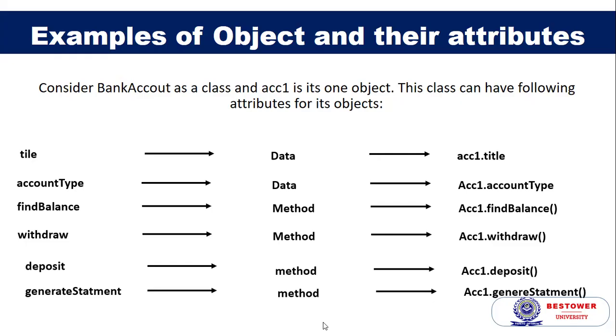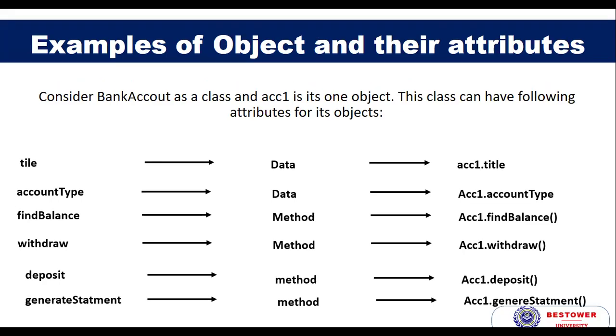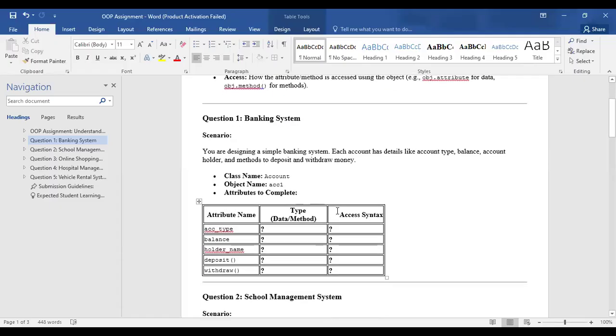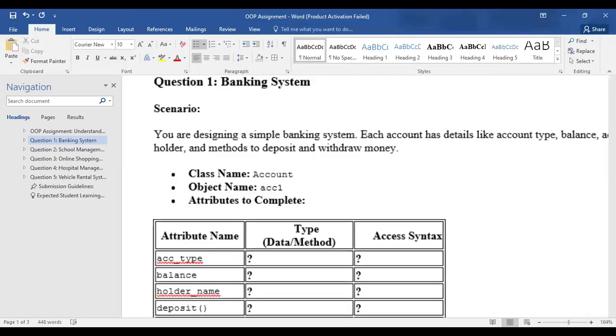At this point, I want to give you a little assignment. After watching this video, this is the first assignment I want you to do. I hope you can see it properly.